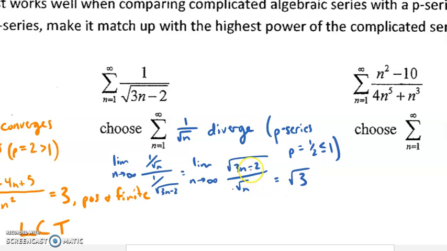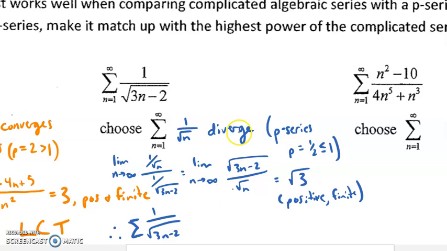Ignore the -2, then things reduce down to the square root of 3, which is positive and finite, which is the prerequisite for coming to the conclusion that the original series does the same thing as the compared series. In this case, the compared series diverges, so this one also diverges by the limit comparison test.